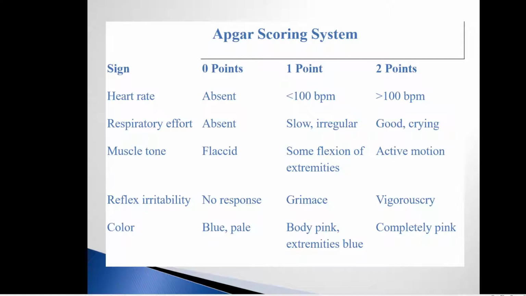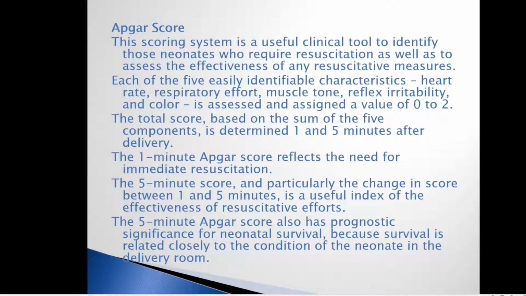And we use this score for all newborns. The total score based on the sum of the 5 components is determined at the first and fifth minutes after delivery. We use this score to exclude or to diagnose asphyxia.